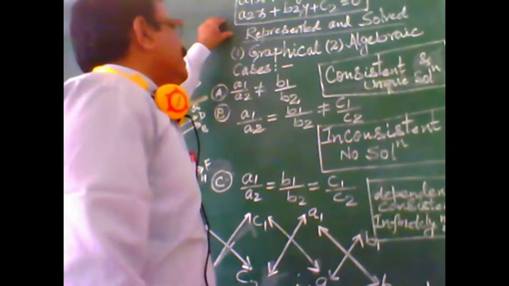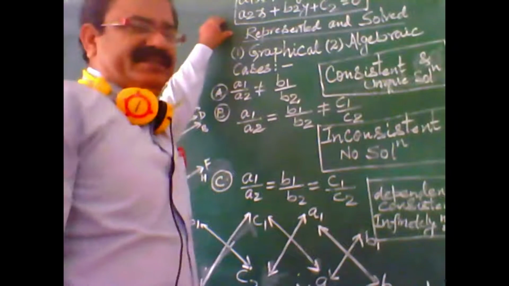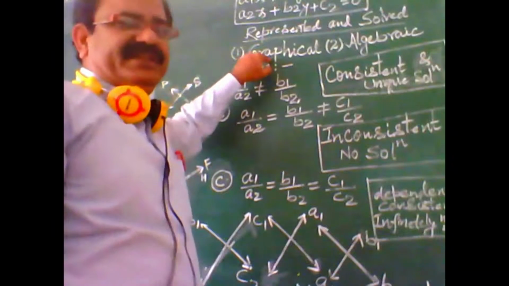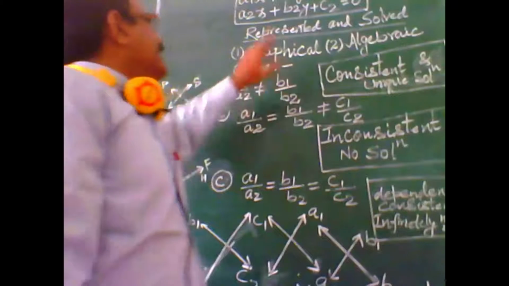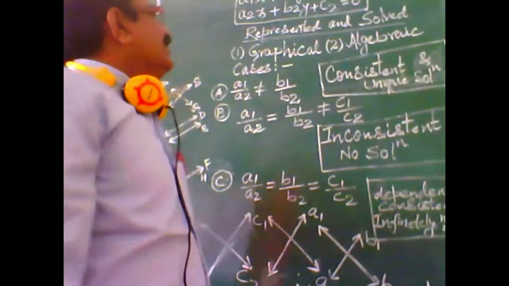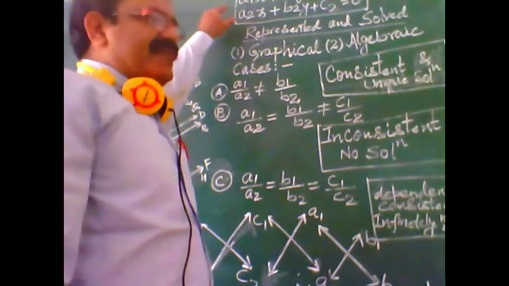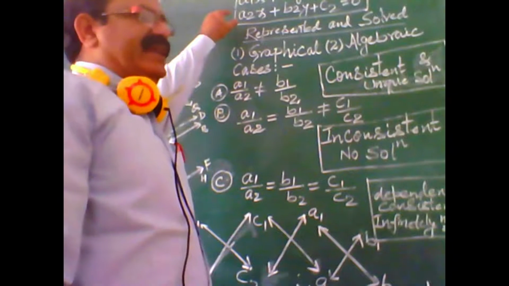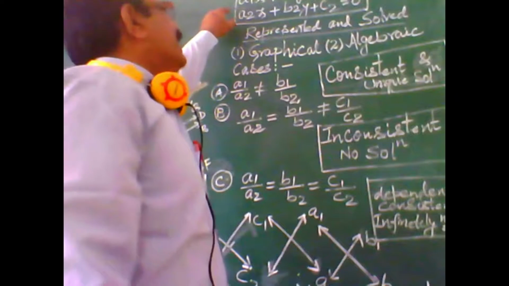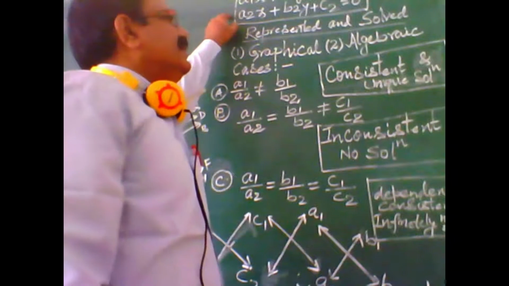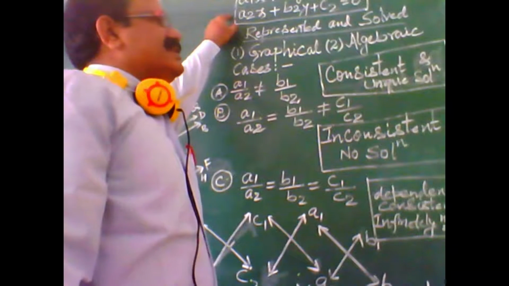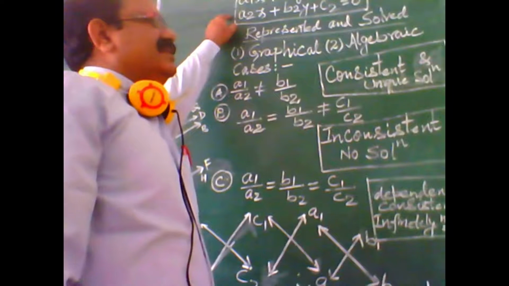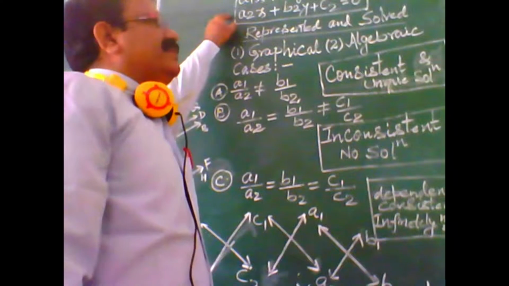Students, this type of equation you have already studied, and its representation and solutions can be represented and solved by two methods. One is the graphical method, another is the algebraic method. In the graphical method we draw the graphs by taking different points on the graph paper, and the pair of linear equations gives two lines on the graph paper.